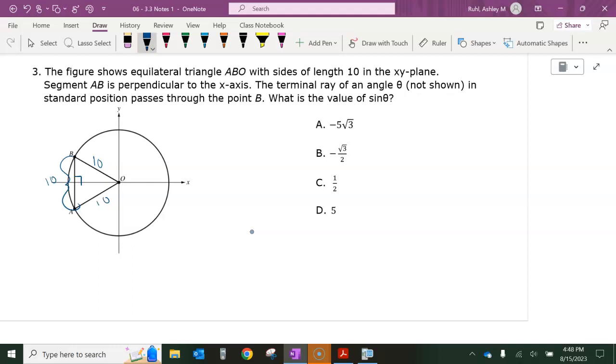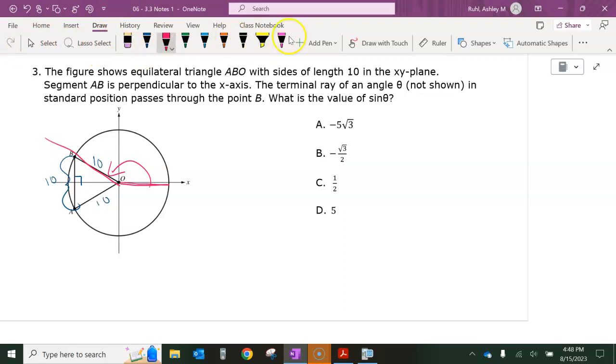The terminal ray of angle theta not shown in standard position passes through point B. So it's just saying that the angle goes through this point right here, through B. So if it's in standard position, that means that I have my initial side here, and it's going through here. So really, I'm looking at this angle, okay?